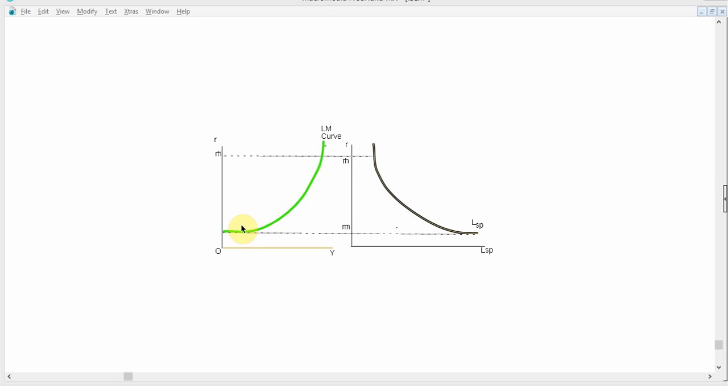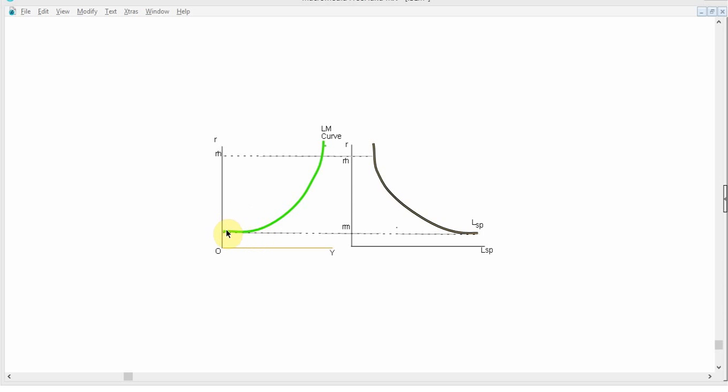Though this part may be believed to occur in some recession periods, there is no guarantee that the liquidity trap range, or the Keynesian range of the LM curve, comes into operation even in a recession.